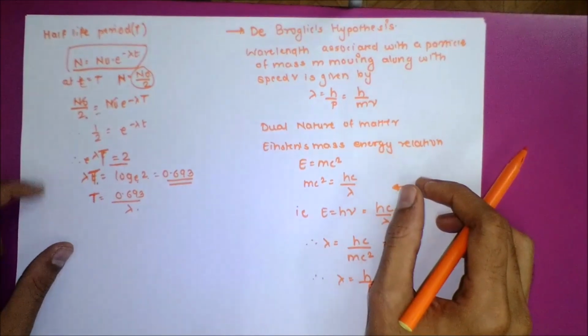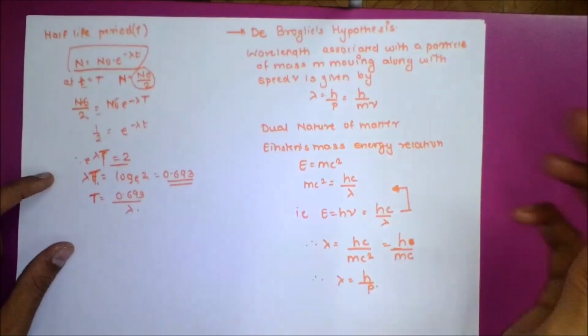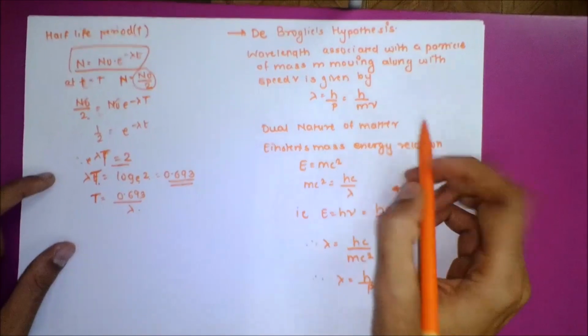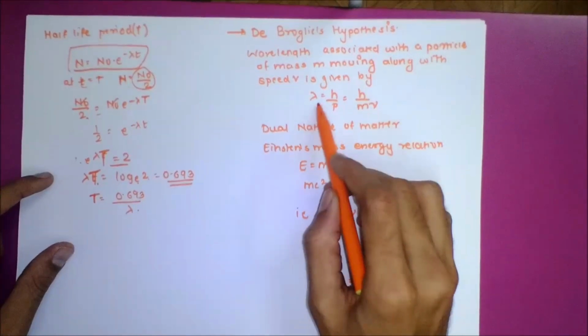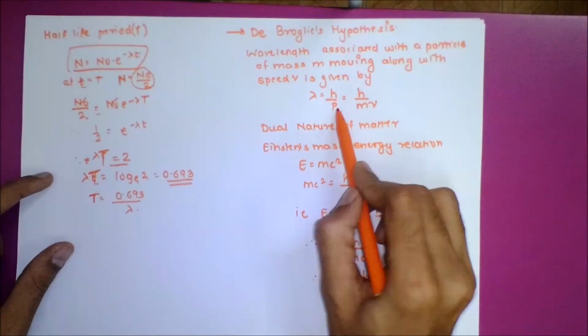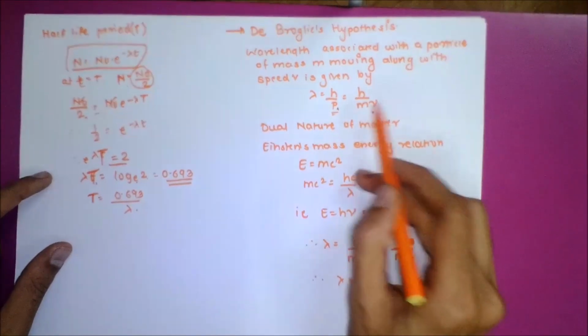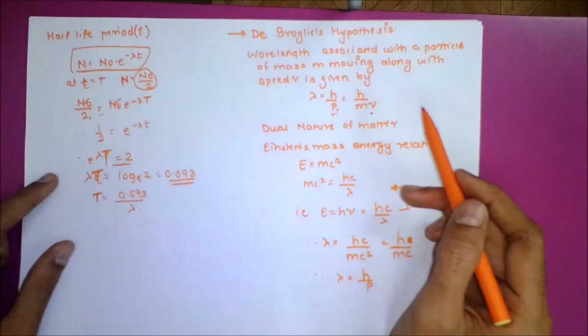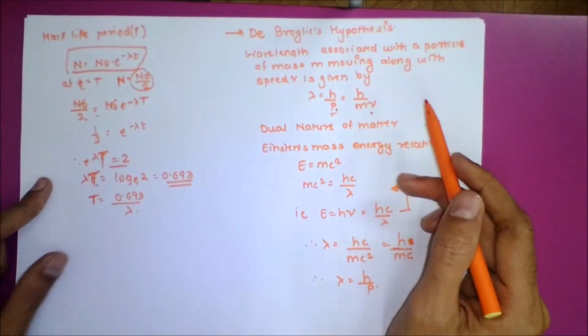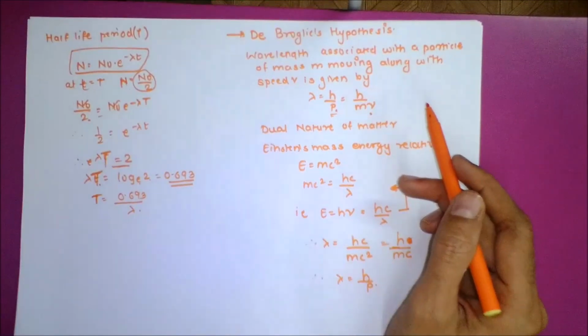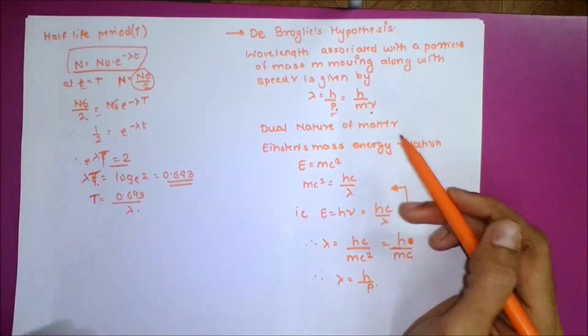So de Broglie proposed that the wavelength associated with a particle of mass m moving with velocity v is given by lambda equals h upon p, where p is the momentum, so p is equal to m into v, where h is Planck's constant. He used Planck's energy relation and Einstein's mass energy relation to support his hypothesis.